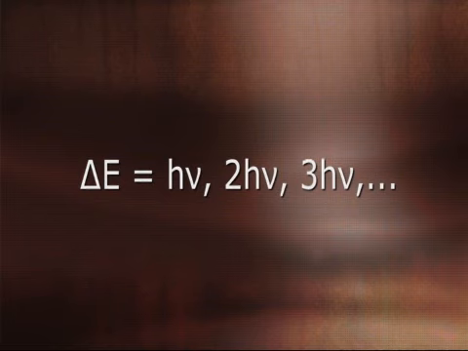Delta E represents the amount of energy that is gained or lost. h nu is the quantum energy, or the smallest amount of energy at a given frequency. Planck's theory would revolutionize the way the physical world is perceived.